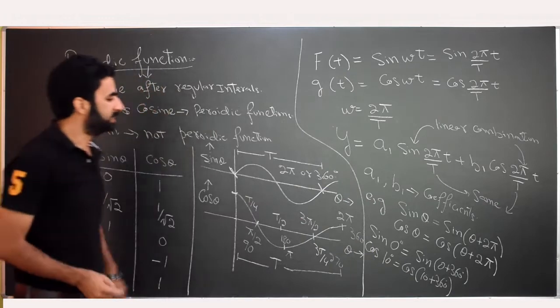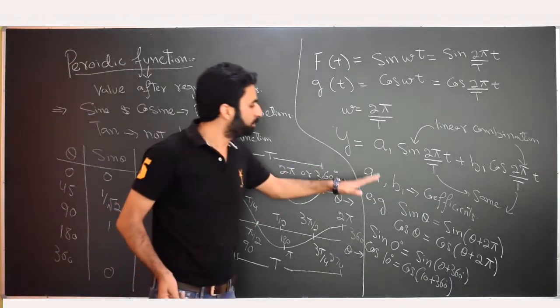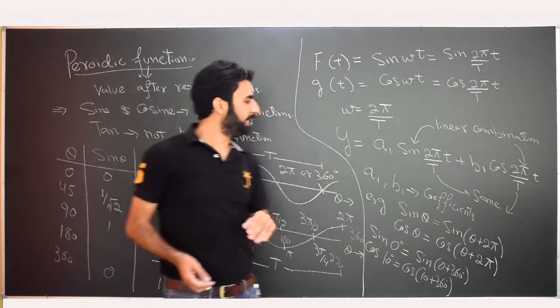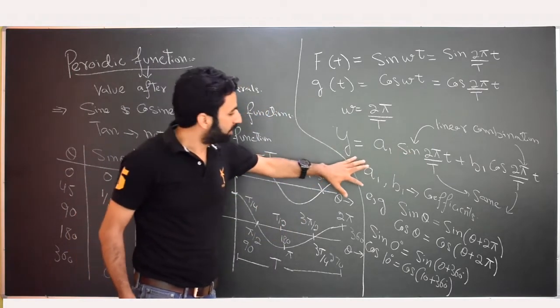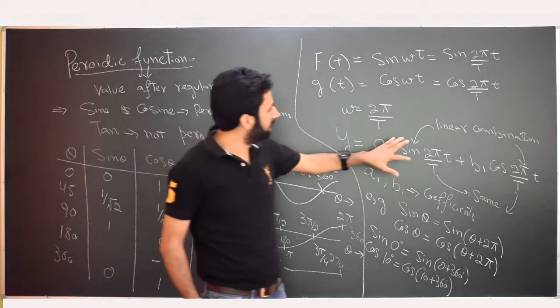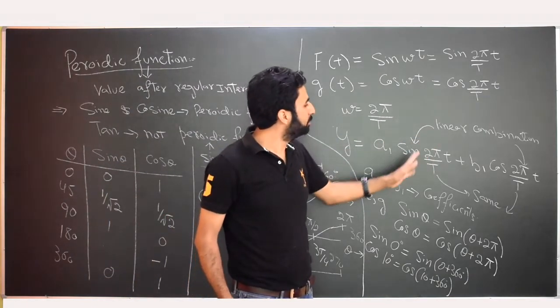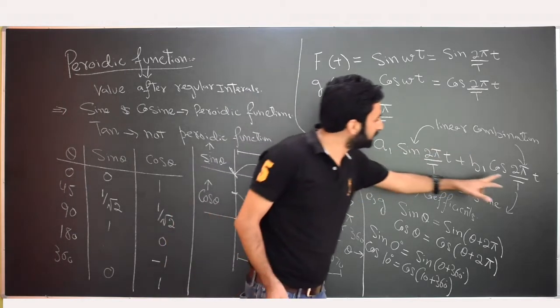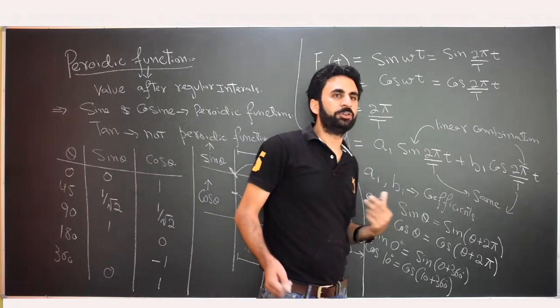So this is essentially how we define a periodic function: a function which repeats its values after equal intervals is known as a periodic function. And here we defined that a linear combination of periodic functions having the same time period will also be a periodic function.